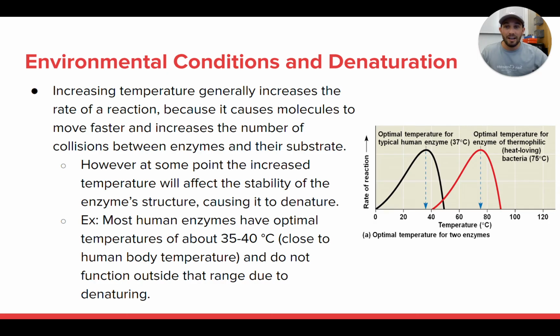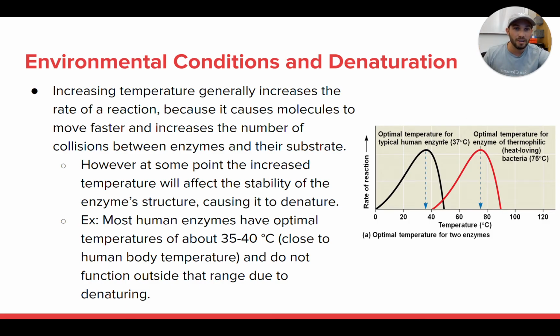And so you can see on this graph two examples. There's an example of an enzyme found in a human being. For a typical enzyme found in humans, they actually function most optimally at around 37 degrees Celsius, which is basically your body temperature, about 98 degrees Fahrenheit.